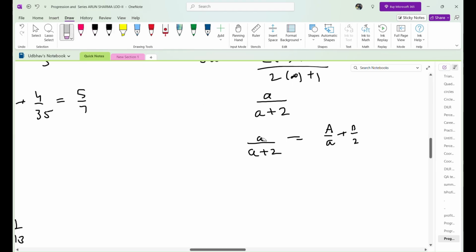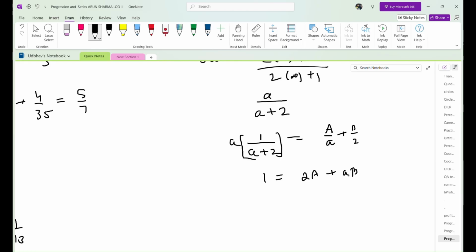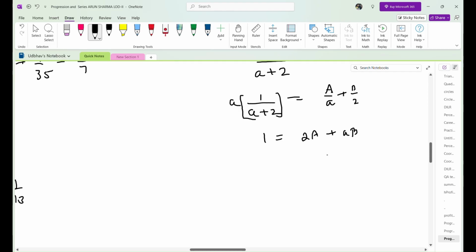And we'll just take this a outside. So 1 equals 2a plus ab. How can we make this 0? A cannot be 0, it should be 2.